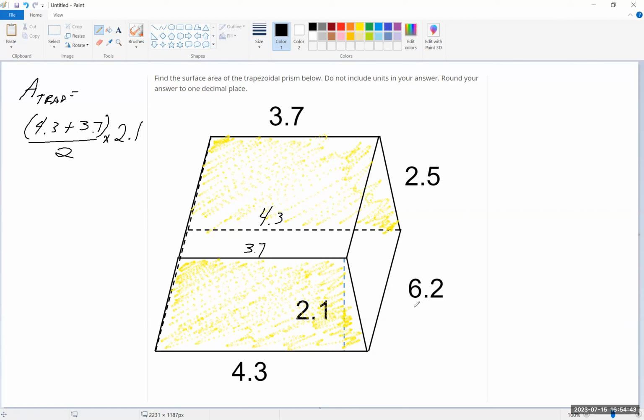Now, I'm doing this on the calculator, which I'm not showing you. But I am getting 4.3 plus 3.7 times 2.1 divided by 2. So I'm getting 8.4.